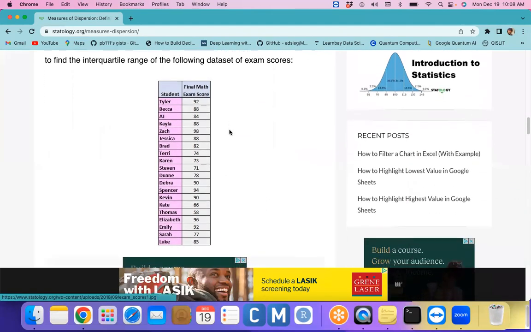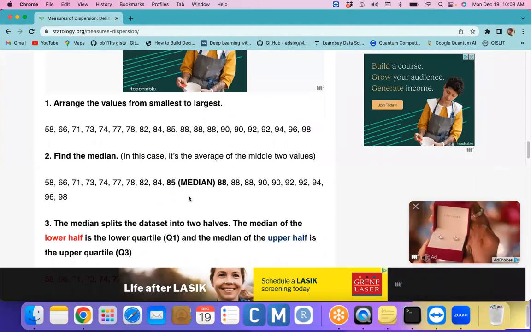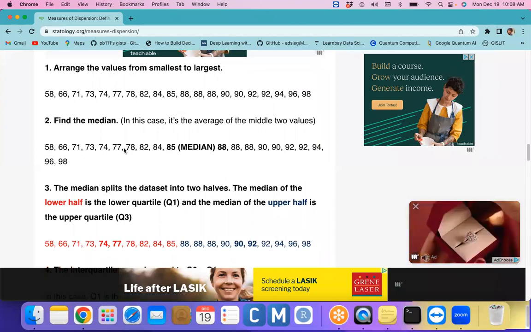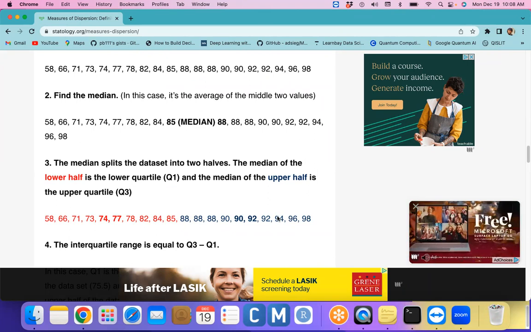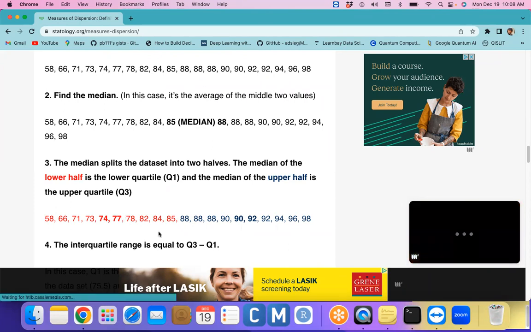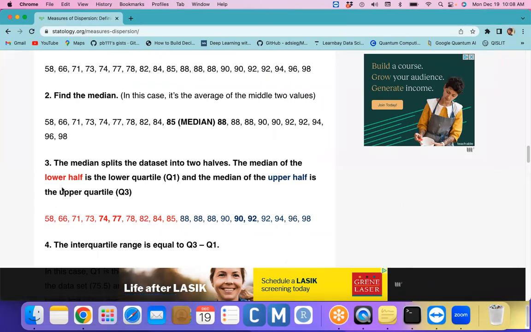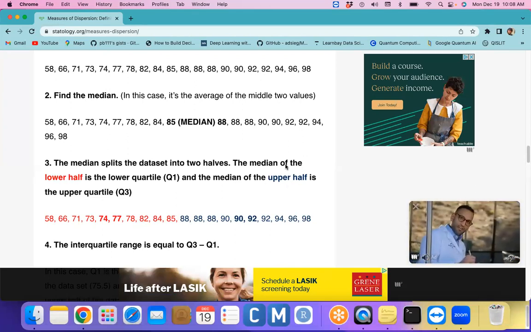Okay. So let me consider this is your data. We can split this data into five portions. This is the median value, this is the min value, and this is the max value, right? This 74 and 75 are the middle values of the lower half, and this 90 and 92 are the median value of the upper half.